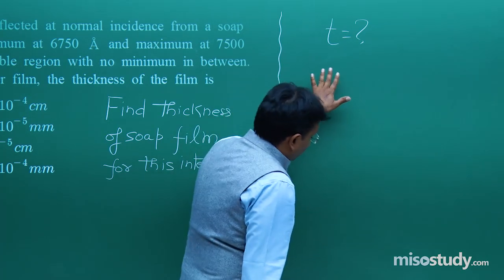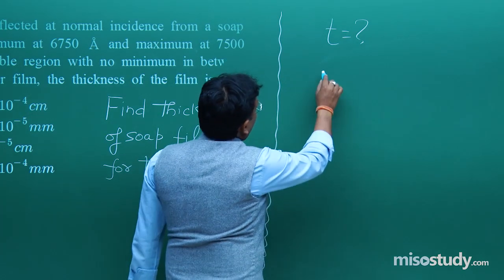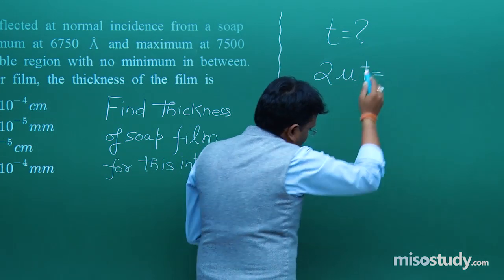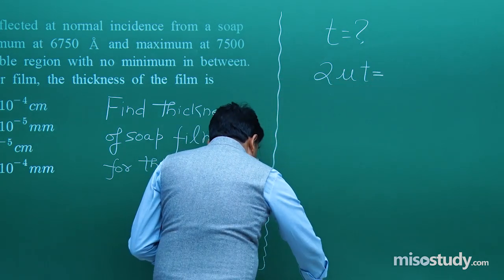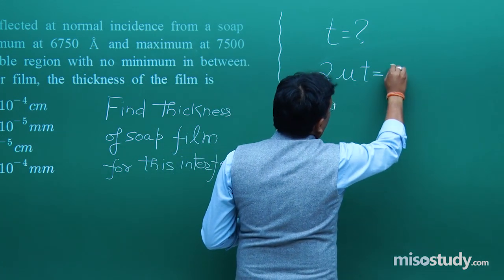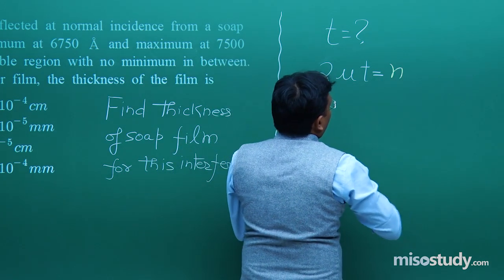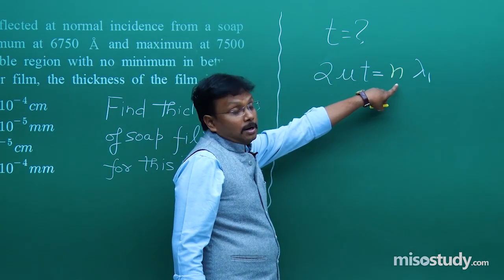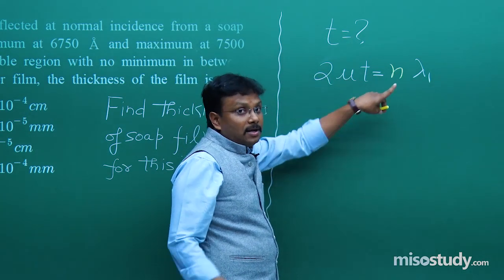Let me mention the formula over here. 2 mu t is equal to n lambda 1. Why did I use yellow color over here? Because this n order is important.